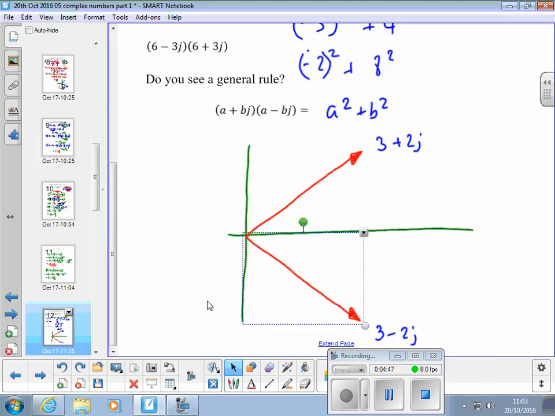If we parallelogram those, we'd end up there, straight along the x-axis, and we cancelled out the imaginary part.